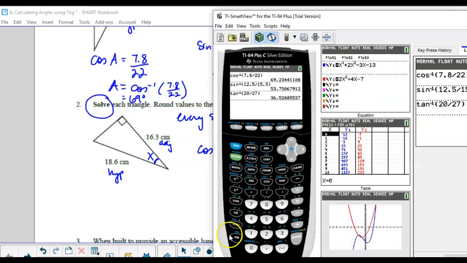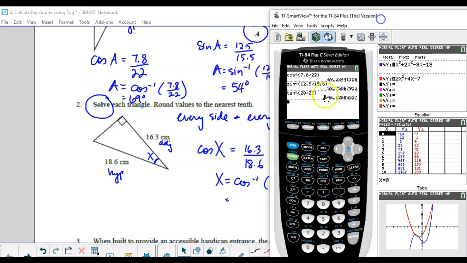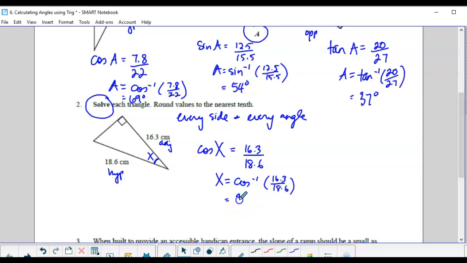So do that. Second cos 16.3 divided by 18.6. To the nearest tenth, that's 28.8.